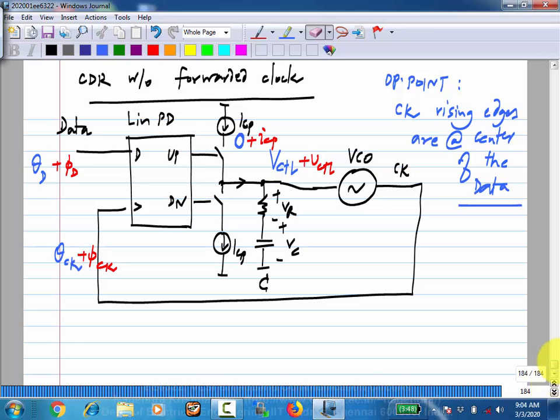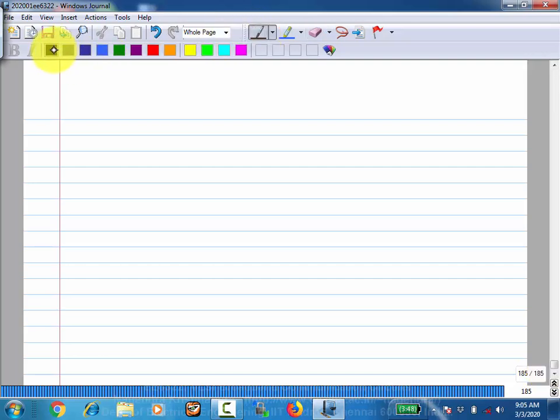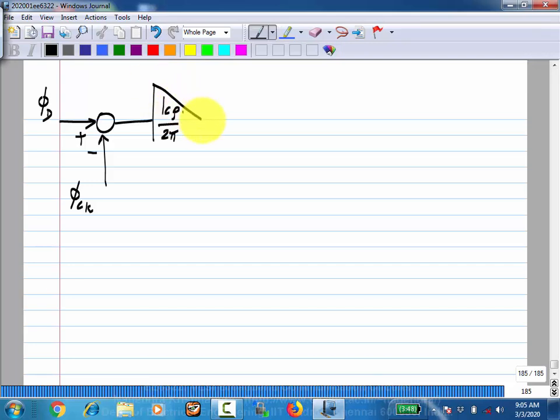What is the model for the phase detector? So the phase detector looks at the difference between phi d and phi ck, and its average output is ICP by 2 pi times the phase difference. Okay. So the output of this is the average current of the phase detector, and the incremental model of R and C remains the same.